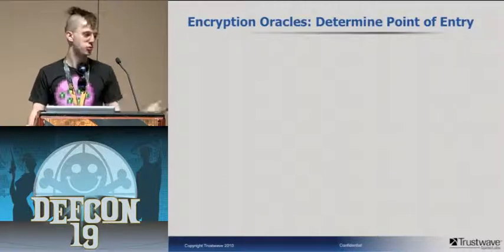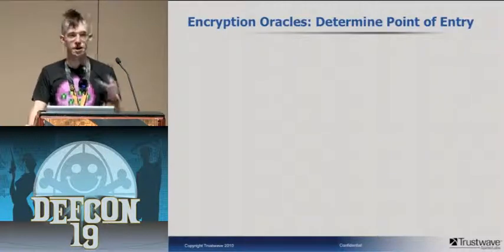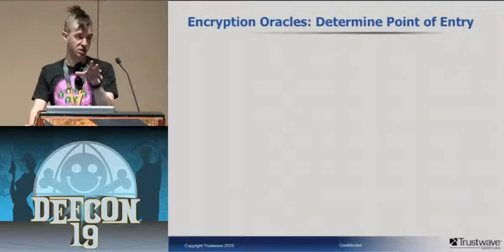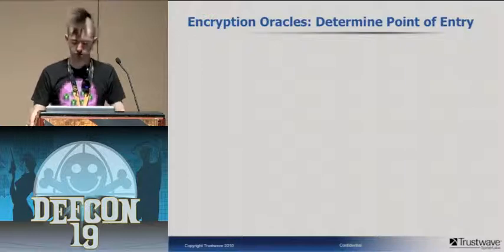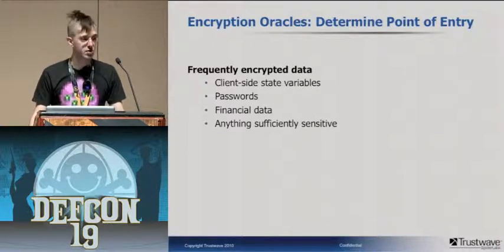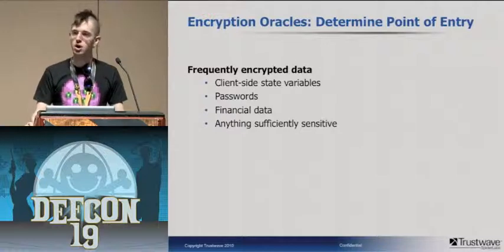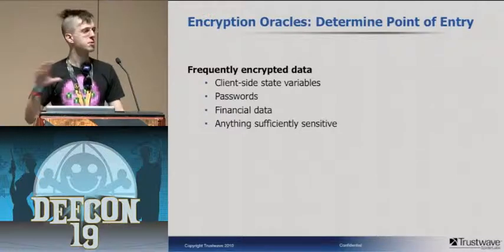But let's say it's pet's name. So you're going to look for where you can input a pet's name, and then you can try modifying that and seeing if you get different ciphertext. Some frequently encrypted data is client-side state variables. So if you're keeping track of a user's session, certain things about their login, you want to store that on the server to keep it out of the client's hands.